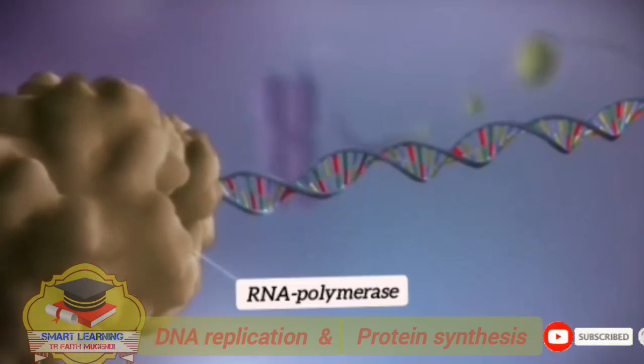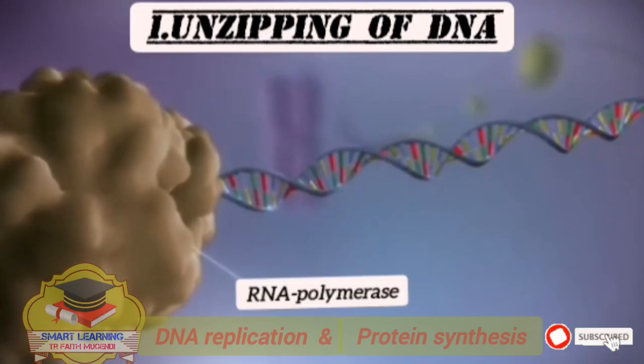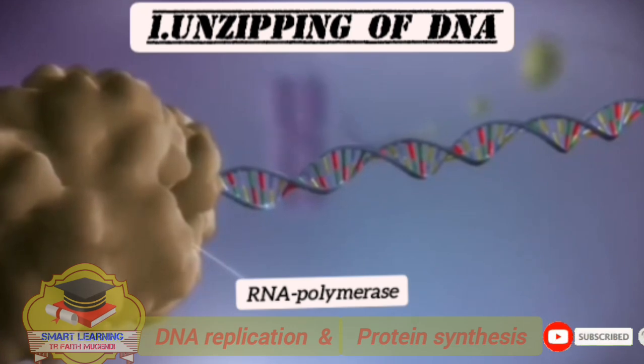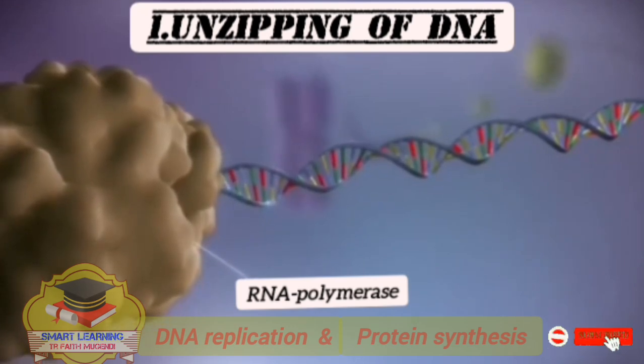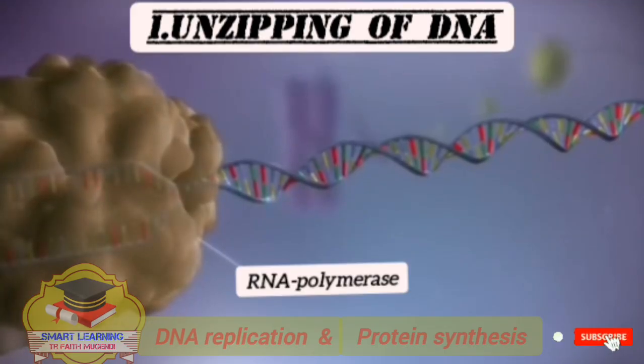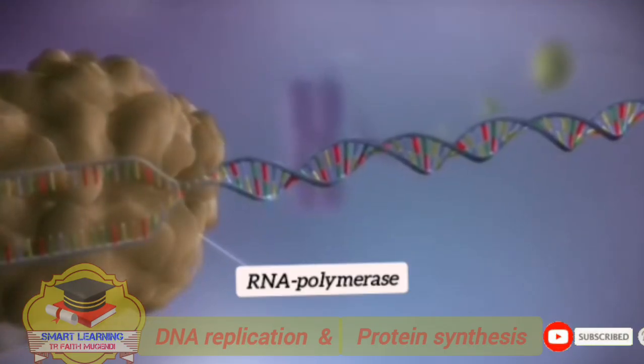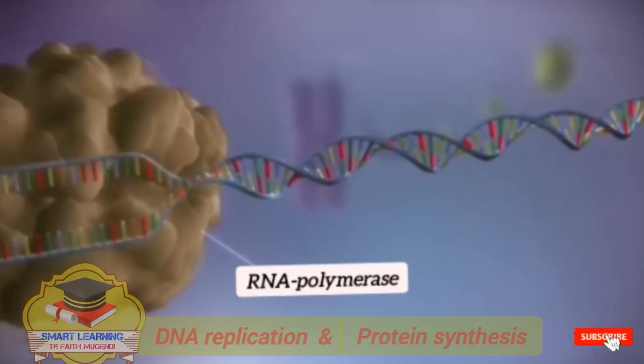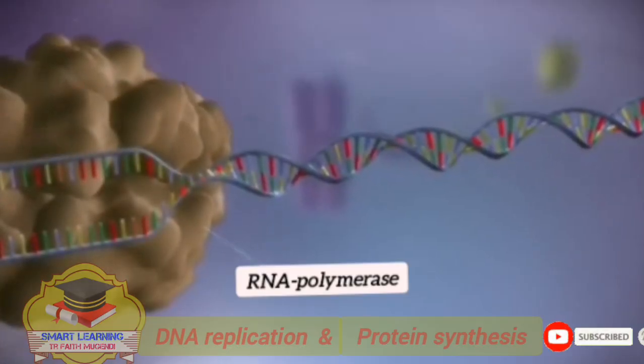The double helix of the DNA unzips and free nitrogen bases align themselves opposite the parent template under the action of an enzyme called RNA polymerase.